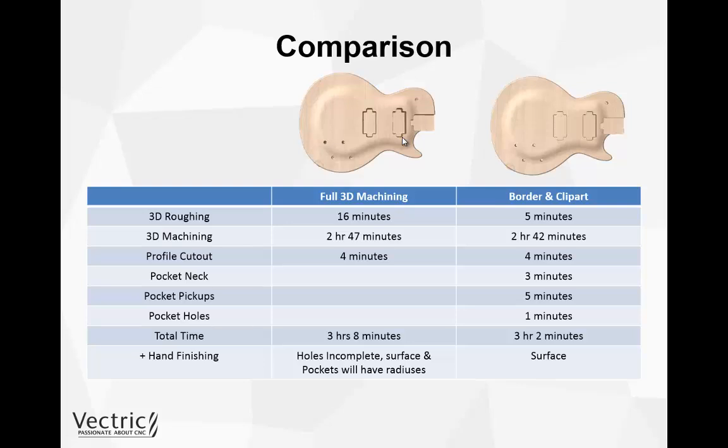But with this demonstration, you can see that we don't really save that much time machining on the CNC, but what we do save on is the fact that there's a lot of finishing to do on the full 3D machining model that would be required after it comes off the CNC machine itself. So it does benefit you in two completely different ways. We obviously just need to balance the time we can spend trying to improve our 3D machining methods versus just 3D machining it in the first place.